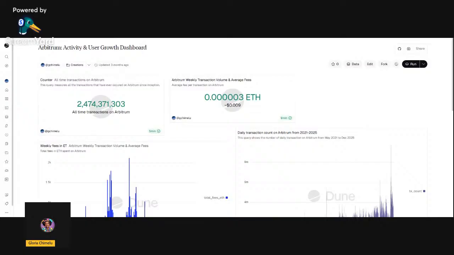Many of the projects coming up now are not really sustainable. After they launch their airdrop, everything goes down. Their active users go down, their transactions go down, there's no activity. It basically becomes a ghost chain.